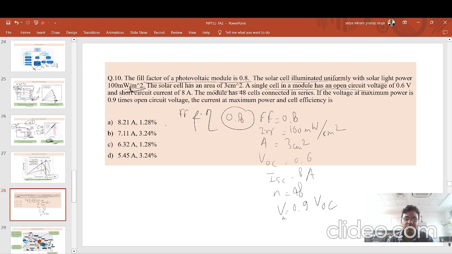So first, coming to the current at maximum power. What is the equation of the fill factor? That is Vm Im divided by VOC and ISC. So fill factor is given as 0.8, and what is the Vm? Vm is 0.9 times VOC. And what is Im? Im is to be found.